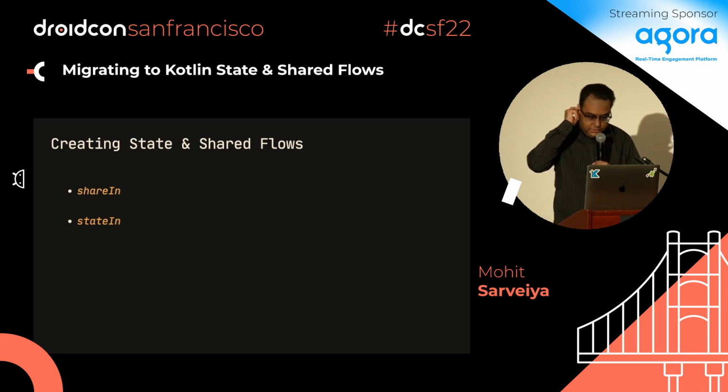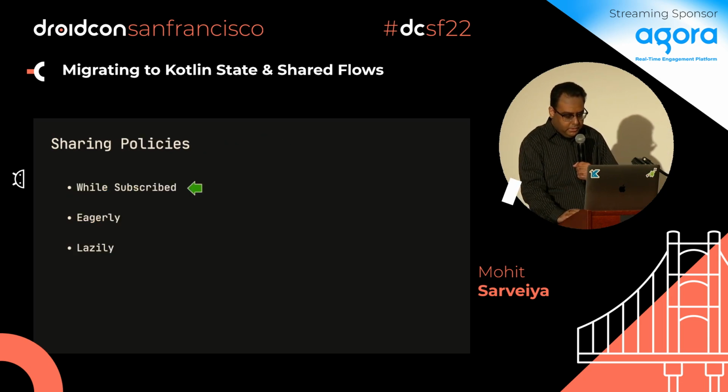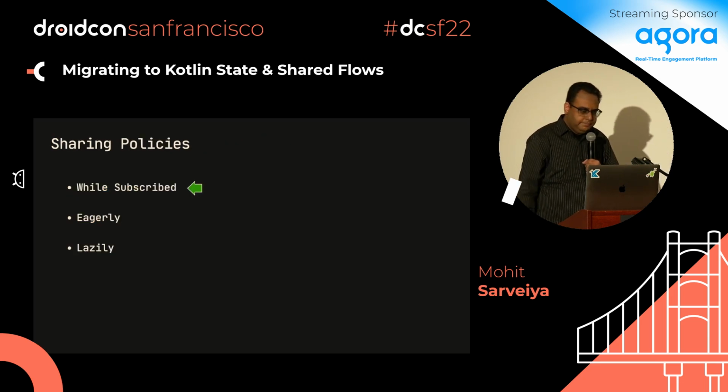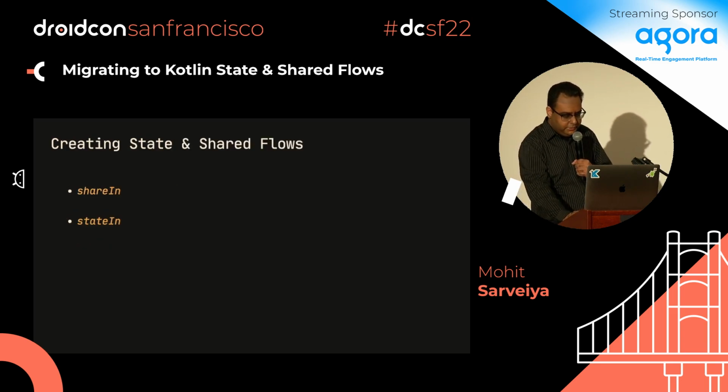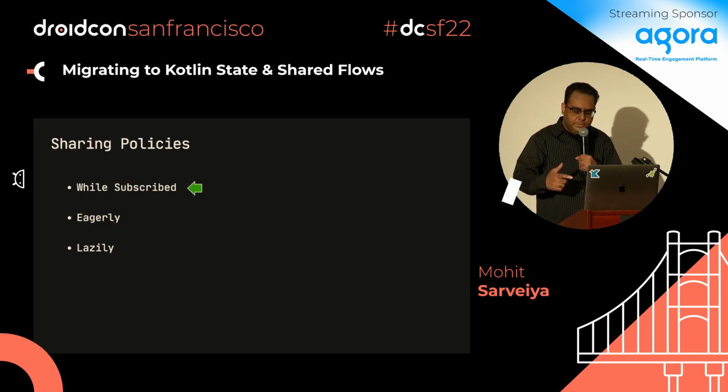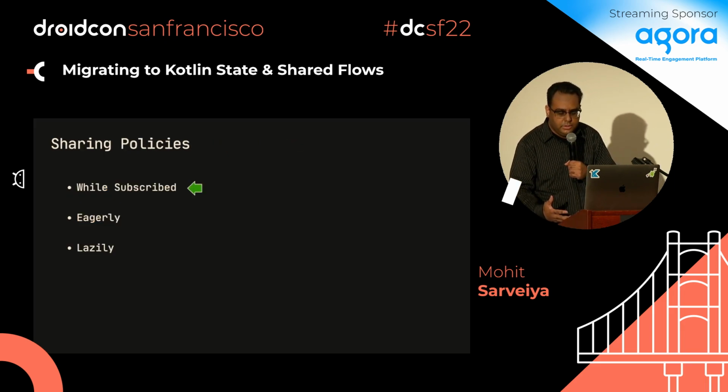And what's interesting about them is that you could specify the behavior of what's going to happen if someone were to subscribe to a flow. What happens when they get started? And you could specify different behavior based on your use cases.